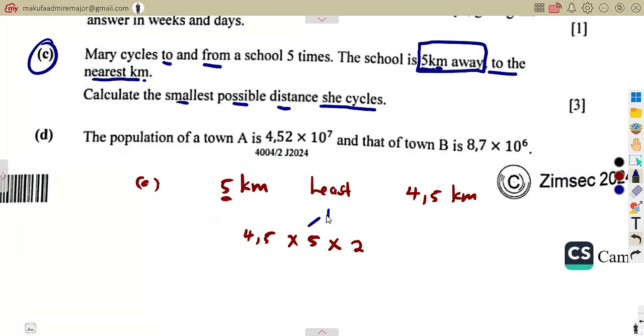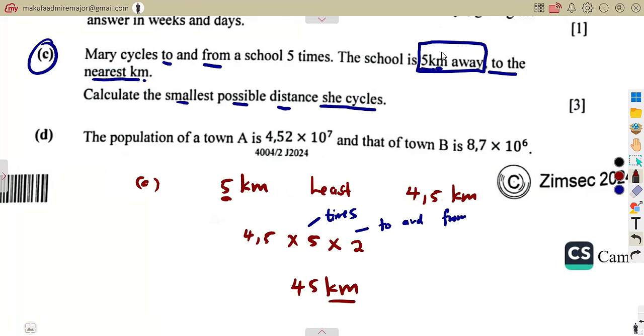So this is the number of times she cycles. Then this is to represent to and from. There are 2 things to be considered, going and also coming back. So you're supposed to multiply by 2 at the end, meaning to say that will be 45 kilometers.